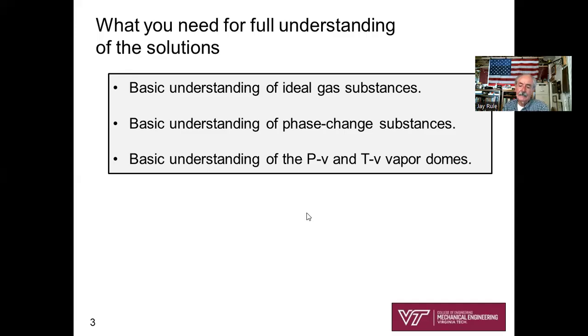And then finally, I expect you to have a basic understanding of PV and TV diagrams, particularly when we're drawing in vapor domes and dealing with problems where the phase of the substance is changing, maybe from saturated liquid, from under the dome all the way out to superheated vapor, something like that, or back in the other direction.